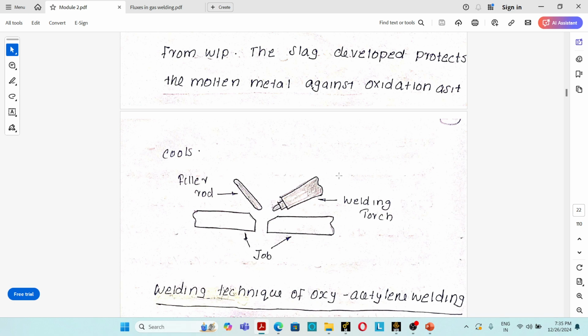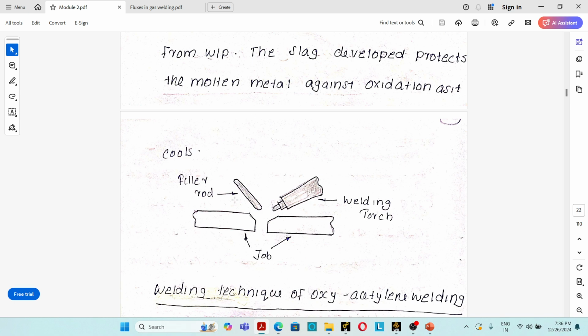So what is the purpose of a filler material? See, filler material is the additional material which is added to the molten weld pool in order to increase the metallurgical strength of the welded joint. The filler material has the same or nearly the same composition as that of the base metal to be welded.